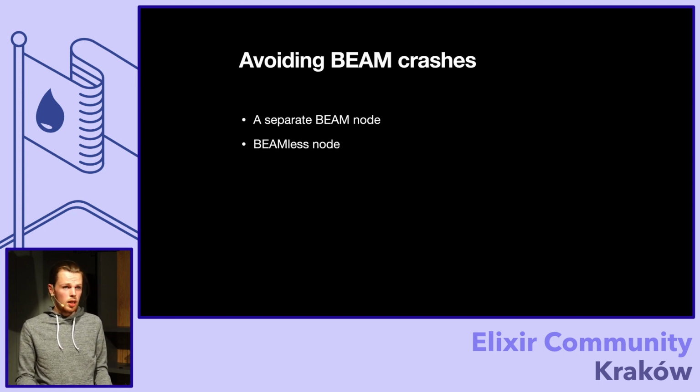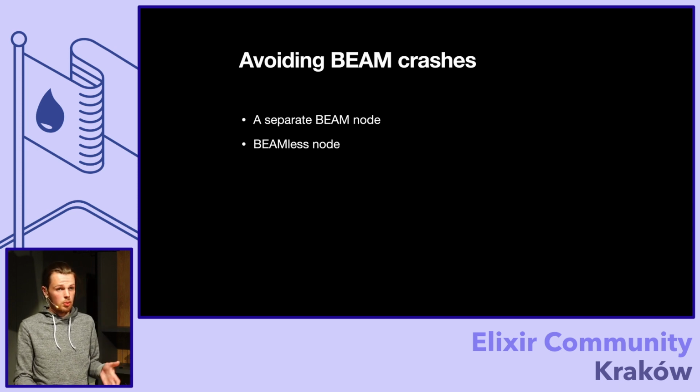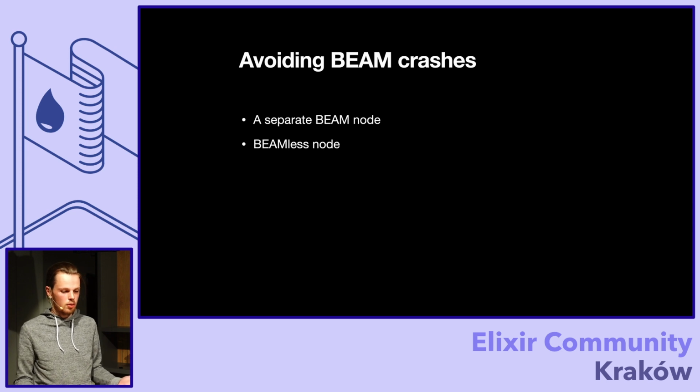To avoid Beam crashes, we cannot just use any technique like that. The only way is to have a separate Beam node that will execute our NIF, and then if the NIF crashes, that node crashes and our main node won't crash. That's one option.